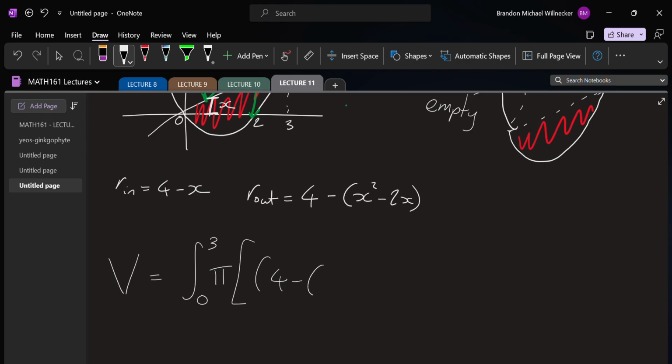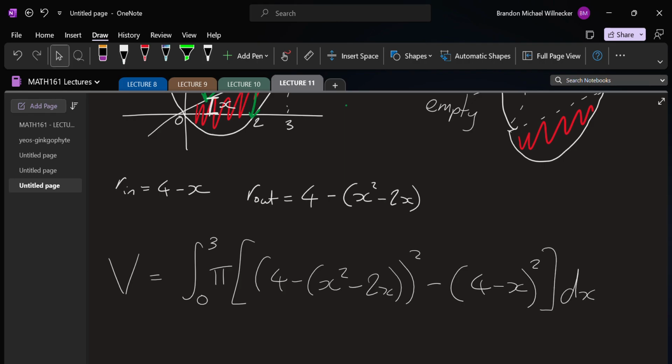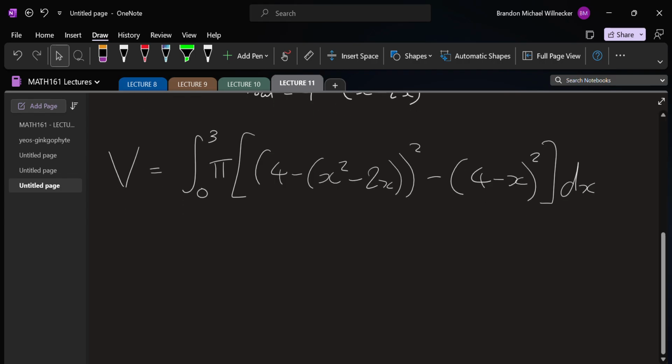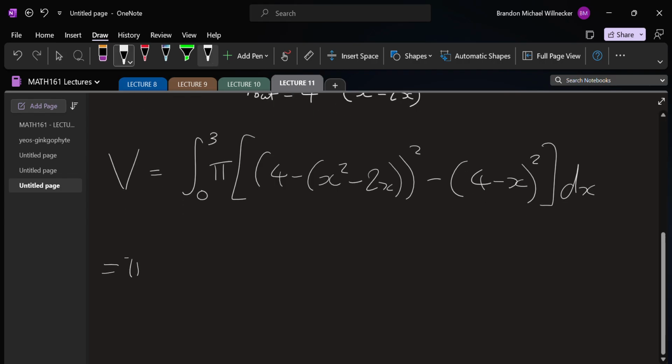It's going to be pi r out squared, so all of that squared, everything inside there needs to be squared, minus r in squared, so that's minus 4 minus x squared. Everyone okay with how we set up the integral?